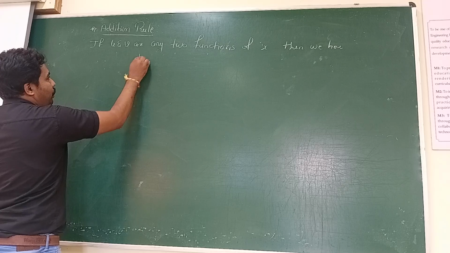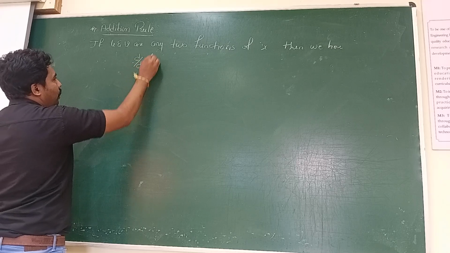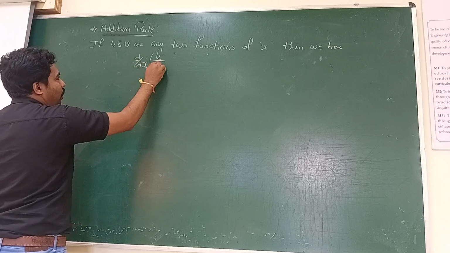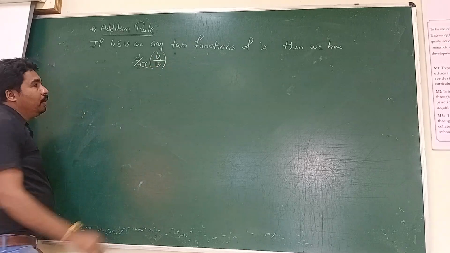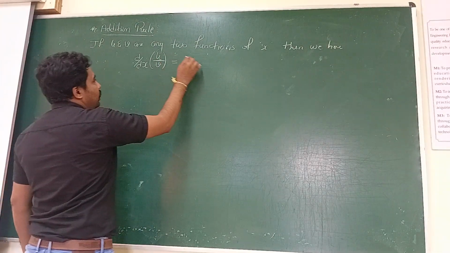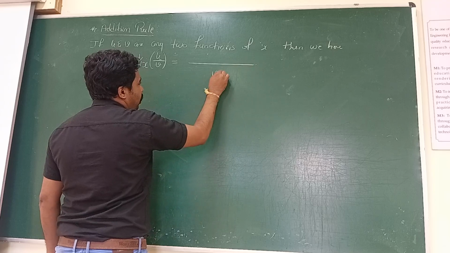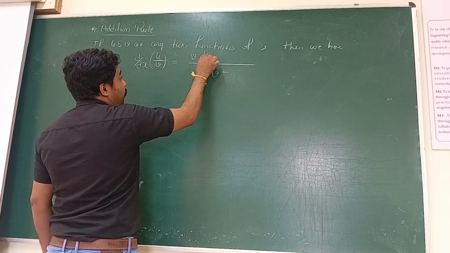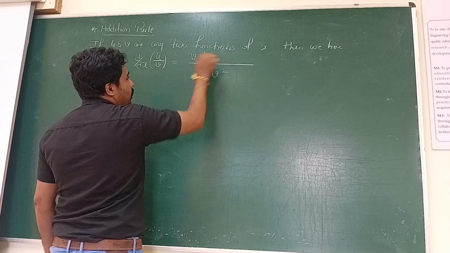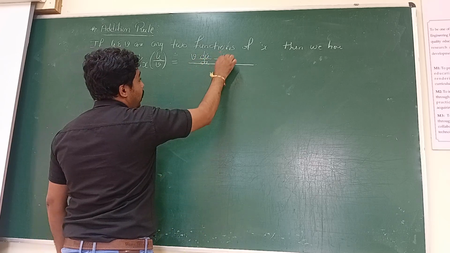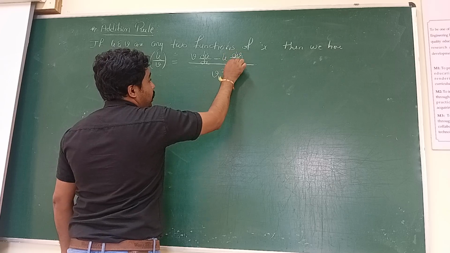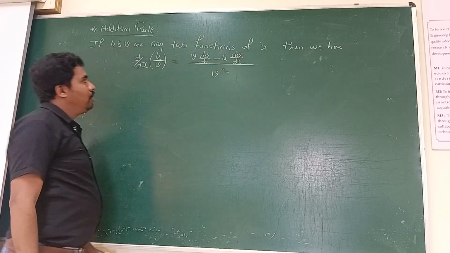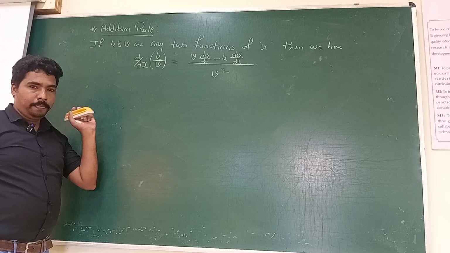If I have any two functions of x in the form u by v, the division rule says: denominator square, then denominator into differentiation of numerator minus numerator into differentiation of the denominator. This is the division rule.